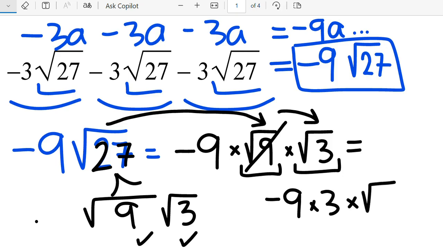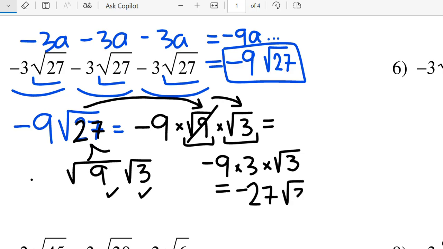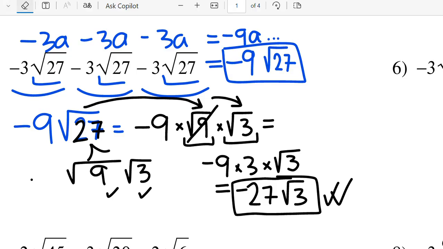No, so we copy square root of 3. Finally, minus 9 multiplied by 3 is equal to minus 27. Radical 3 remains the same. It stays unchanged. All right.